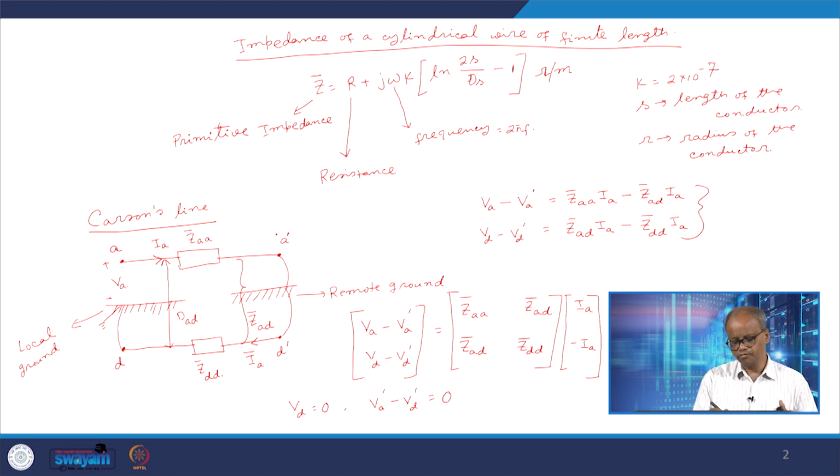So, then therefore, with these assumptions we can say that my Vd is equal to 0, and VA dash minus VD dash also is equal to 0.